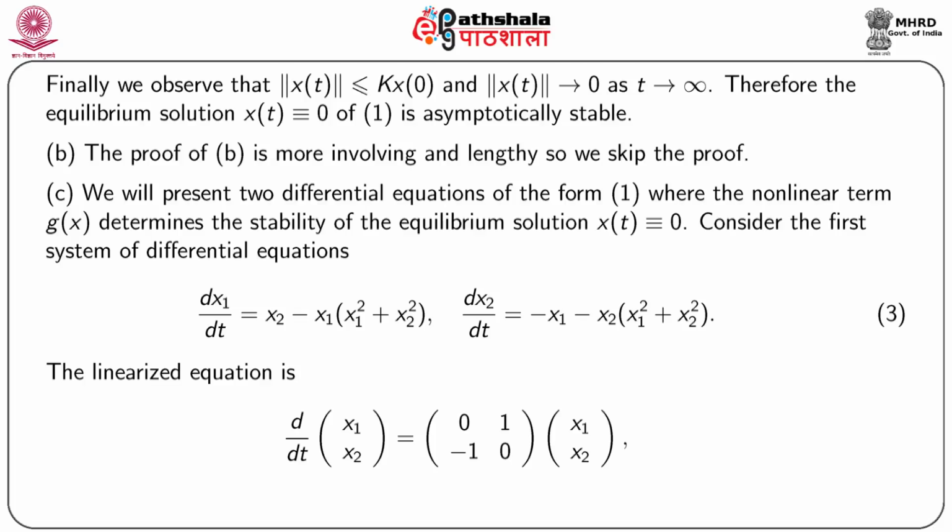Hence this equation can be written in the form dx1/dt is equal to 0 times x1 plus 1 times x2, and dx2/dt is equal to minus 1 times x1 plus 0 times x2, and in matrix form we get d/dt of (x1, x2) equal to [0 1; -1 0] into (x1, x2).